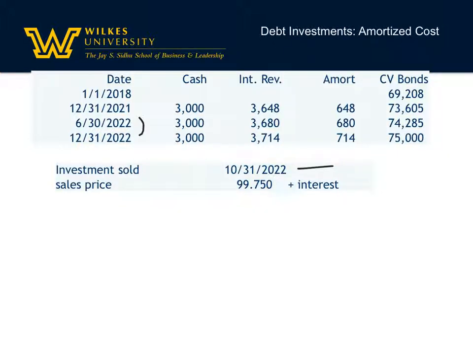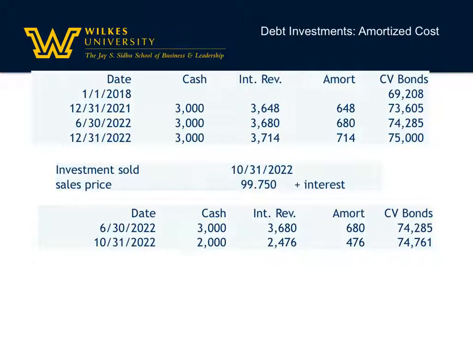One of the things that happens is you're still going to get the interest payment. The people who are buying it are going to get the interest payment, and they're going to get the full $3,000. But they didn't earn the $3,000. You earned a portion of it. So you're going to pick up the portion that you earned. And actually, you're going to pick up your portion of the $37.14, because that's the effective interest rate that we're going to deal with.